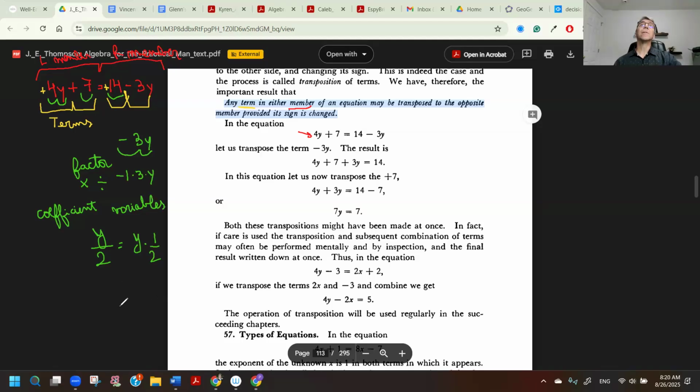What is a coefficient and what is a variable? Jace?